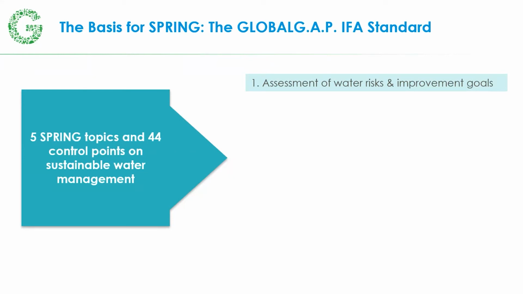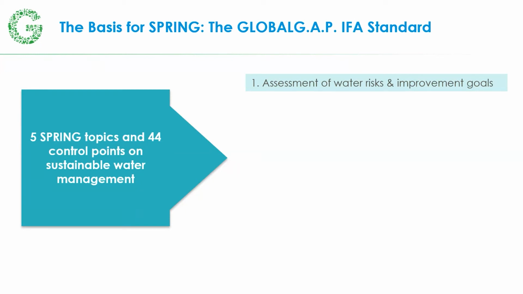This is very important because after, the producer must set up some goals. Smart goals must be specific, measurable, a smart goal. And the goals must be based on the water risk assessment and the stakeholder risk identification. This is very important.